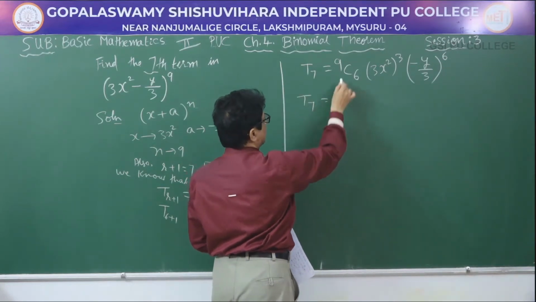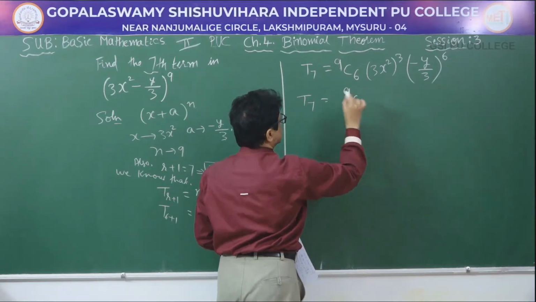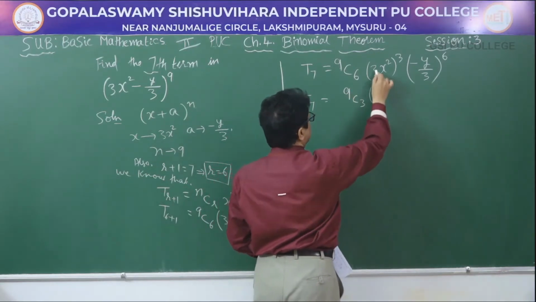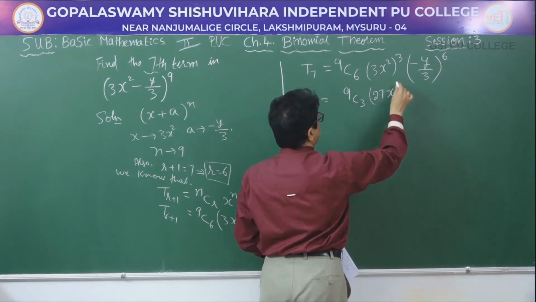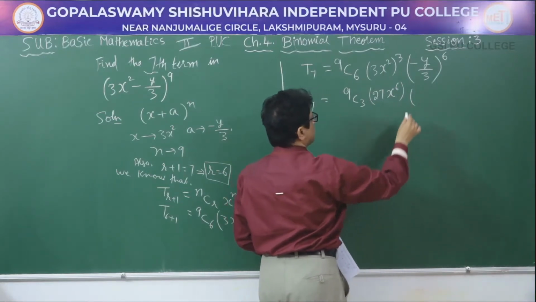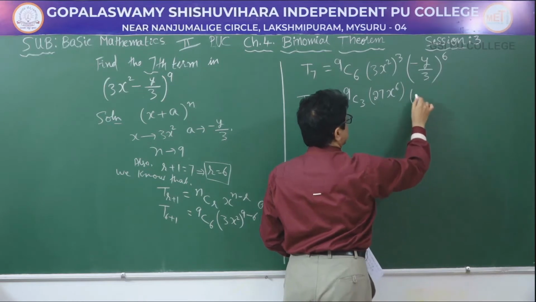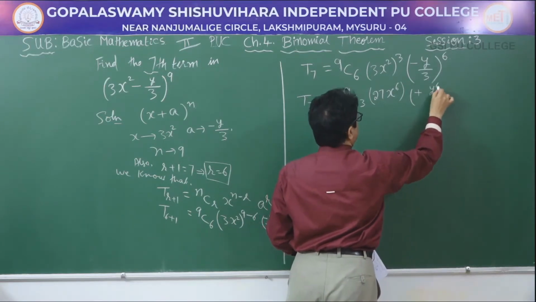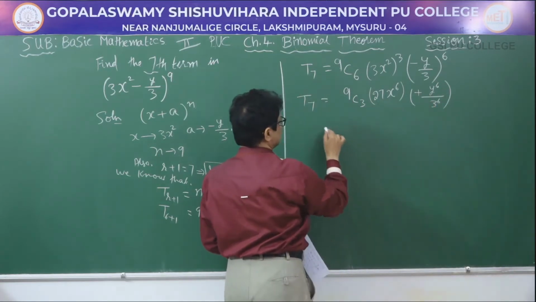So, T7 is equal to 9C6, which is nothing but 9C3, into 3 cube is 27 into x power 6 into minus whole power 6 is plus y power 6 by 3 power 6.